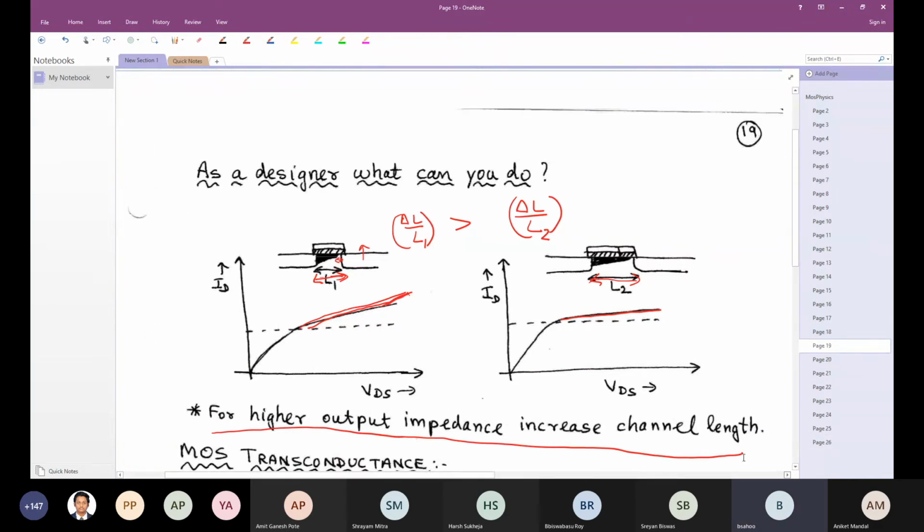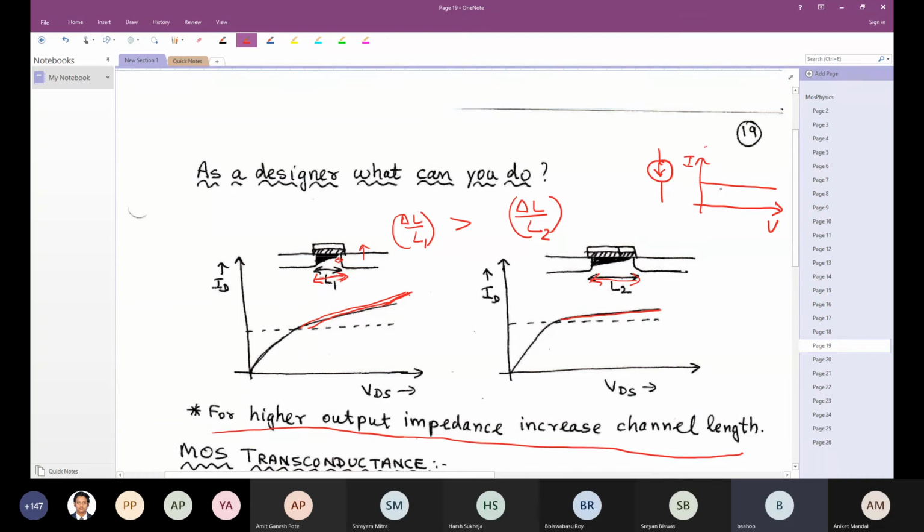So what is an implication from a circuit perspective? What is the impedance of an ideal current source? The ideal current source characteristic has I on this axis and V on this axis, its slope is 0, meaning its impedance is infinity.